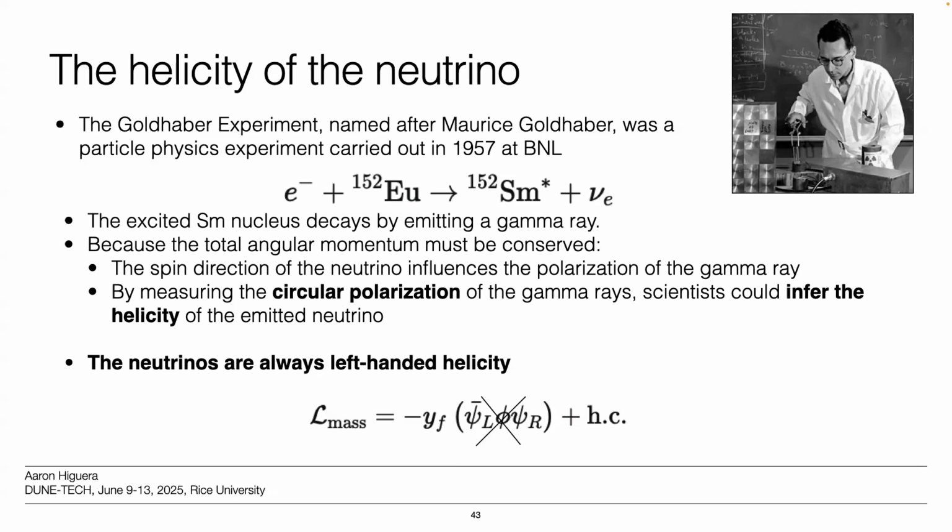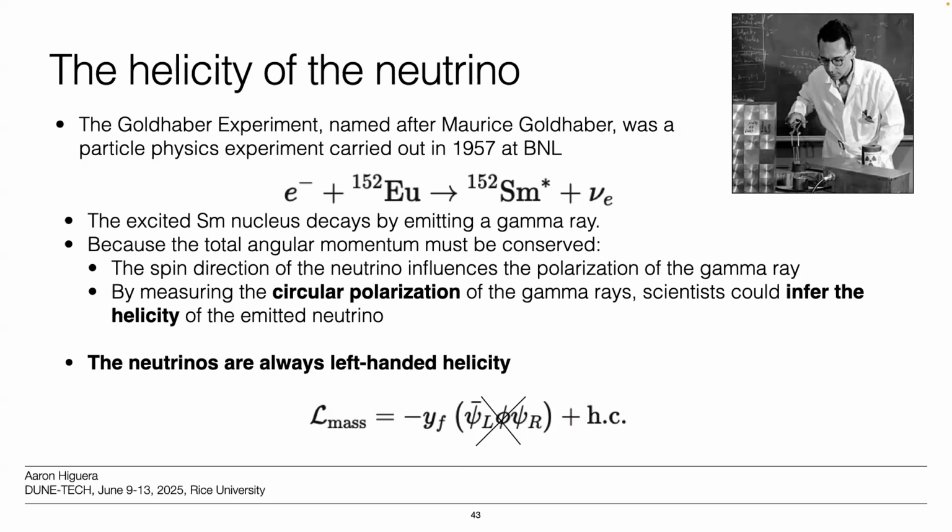So there was one experiment at Brookhaven in 1957, and basically, this is an electron capture experiment for europium. It was directed by Maurice Goldhaber, and he was producing electron capture in europium, and the product was in an excited state and produced a neutrino, and this excited state will decay.